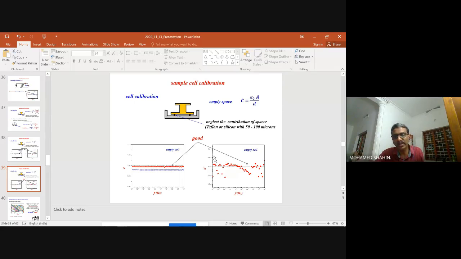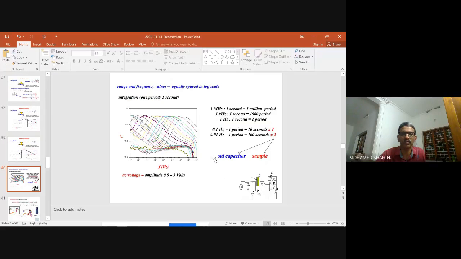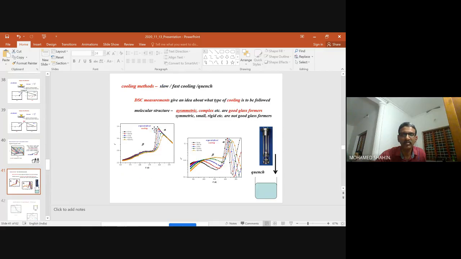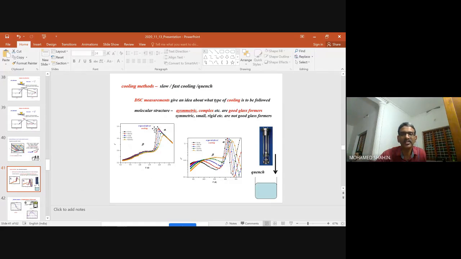So whatever experiment I do, I make sure that the background is less than or equal to 10⁻⁴. And this is the response of a system, and this is its temperature.